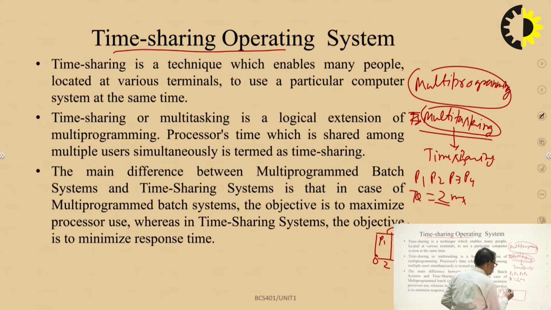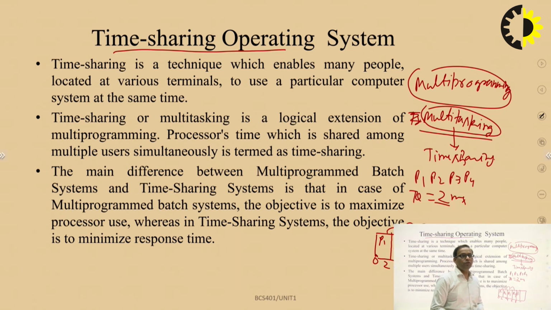After that, the CPU will switch to the next process P3, and again for 2 milliseconds it will execute process P3. Then for P4, it will execute for 2 milliseconds. After this, these processes are submitted to the ready queue. Again it will fetch process P1 and continue it, and so on up to completion, on the basis of the time quantum value.